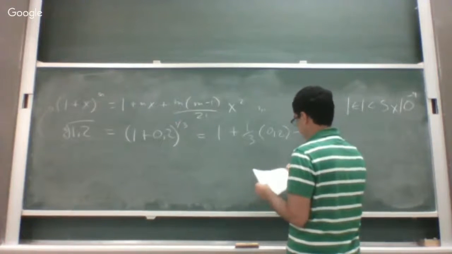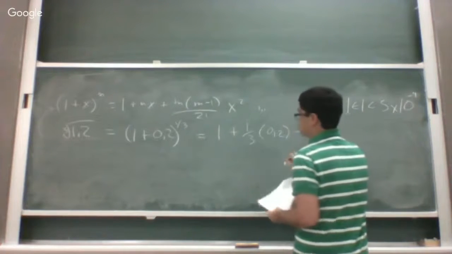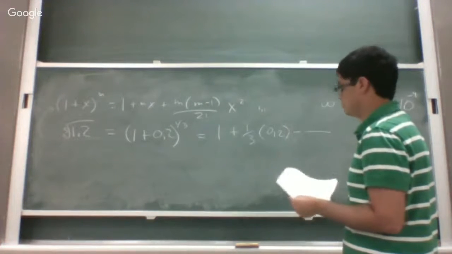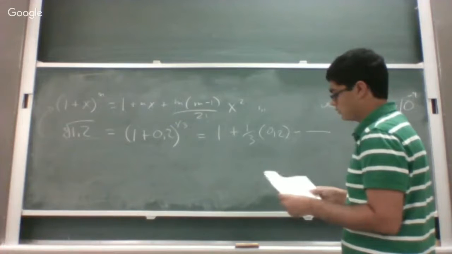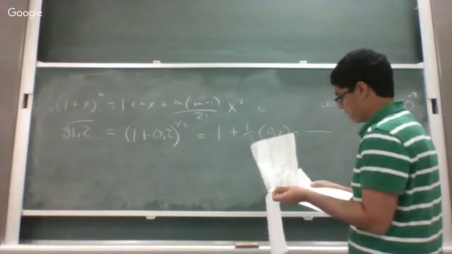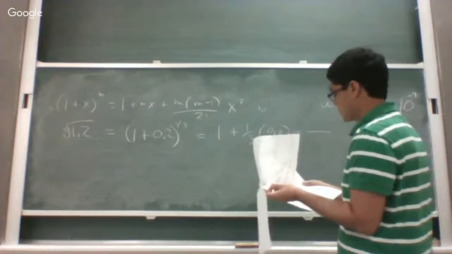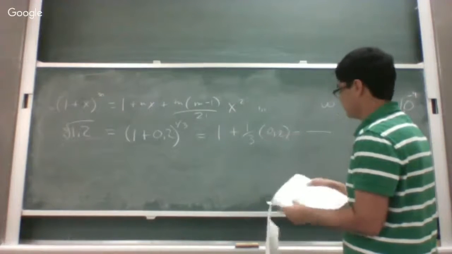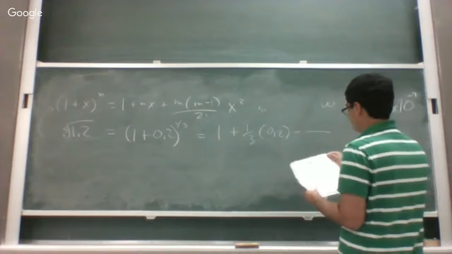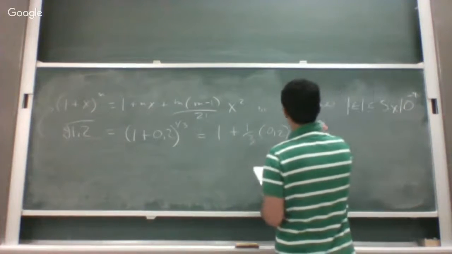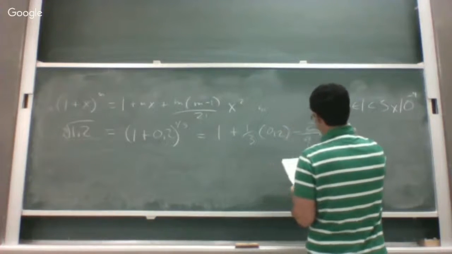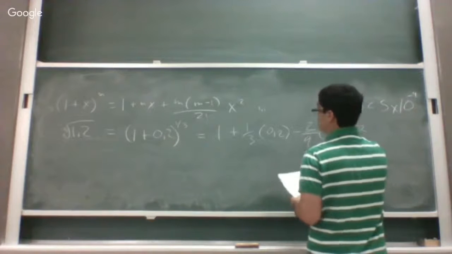What do they have? It's a plus, and then it would be a negative 2/3. Did I write that wrong? No, that should be a plus. But they have a minus here. They have minus 2 over 9 times 0.2 quantity squared divided by 2 factorial.